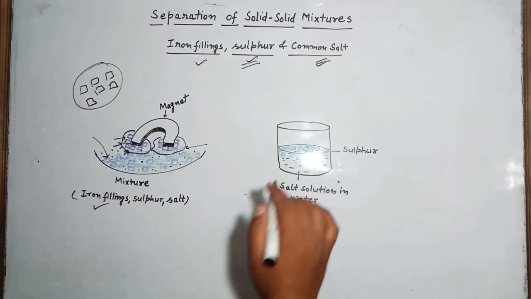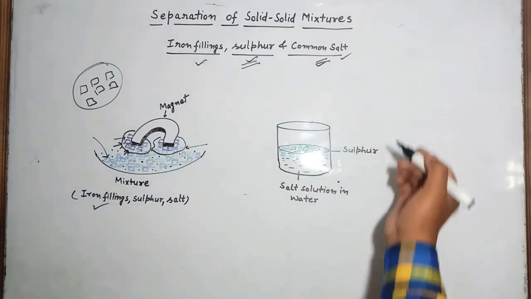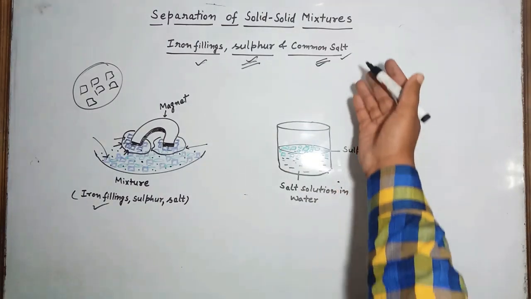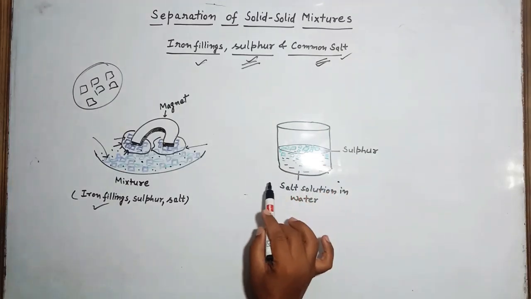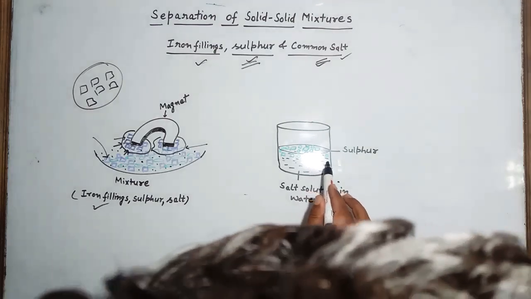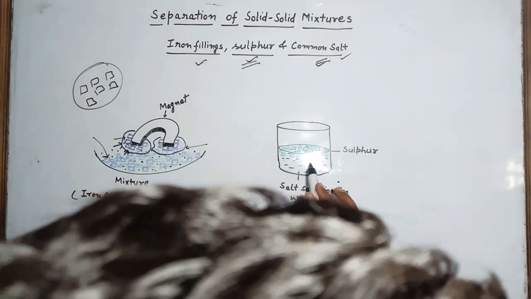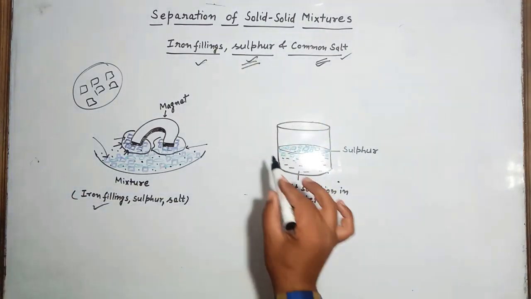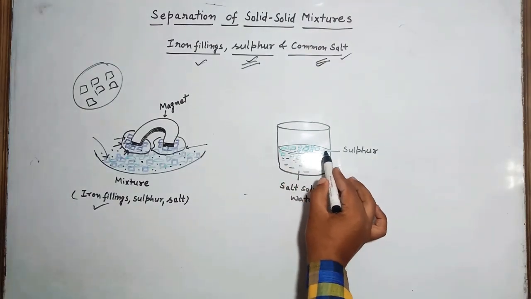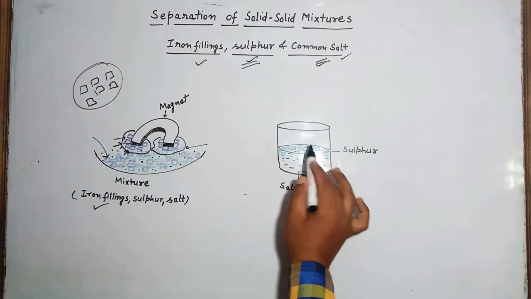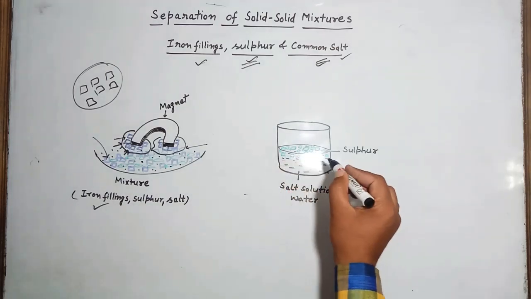So what will happen, we know that common salt forms a homogeneous mixture with water, means it will be completely dissolved. So you can see here it is a salt solution. That salt is completely dissolved in this, whereas sulfur will not dissolve in water and it will float on the surface like this, or it will remain in this only, but it will not be dissolved.